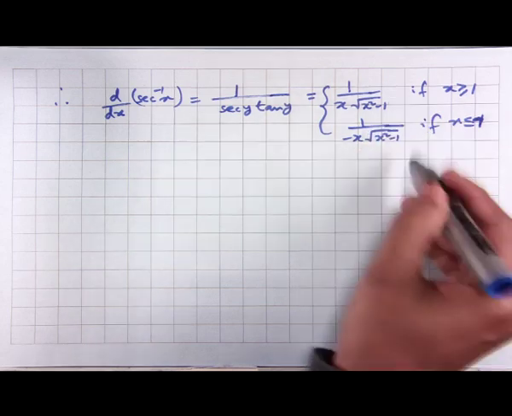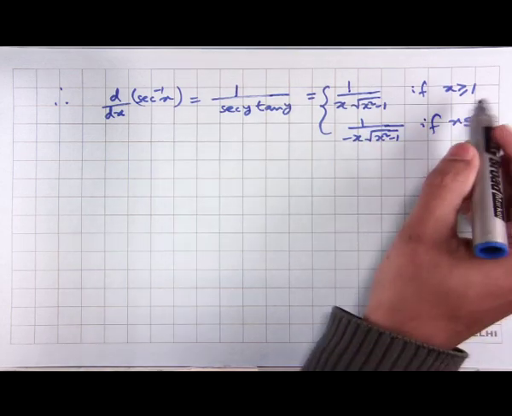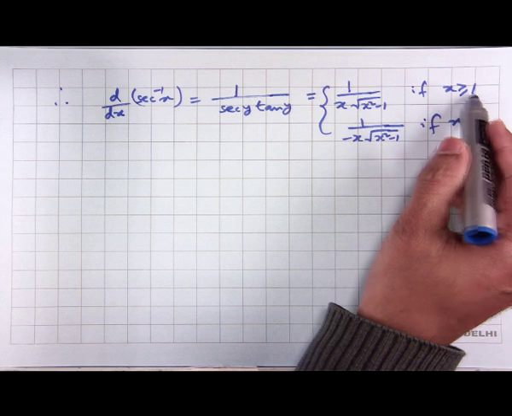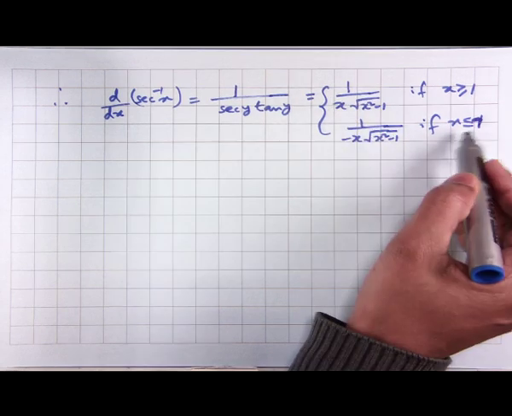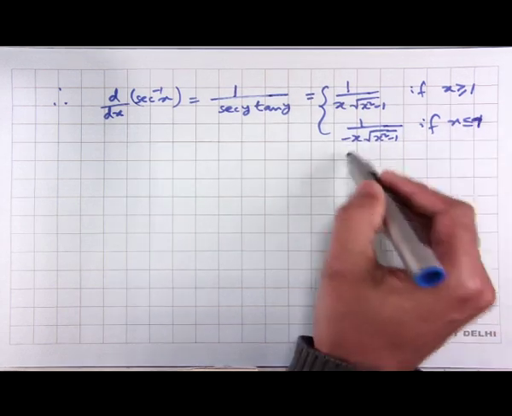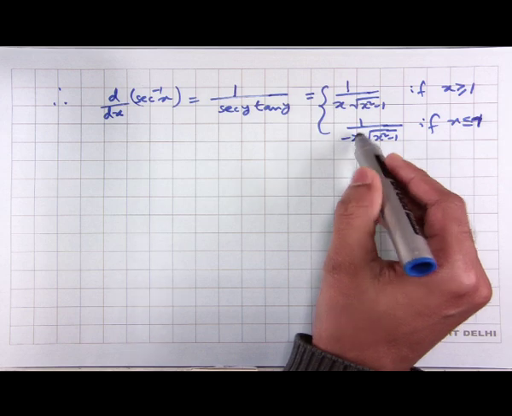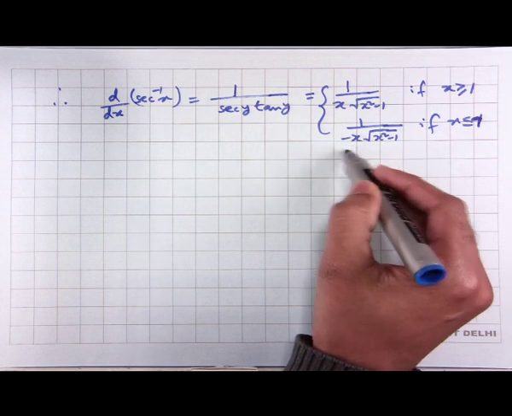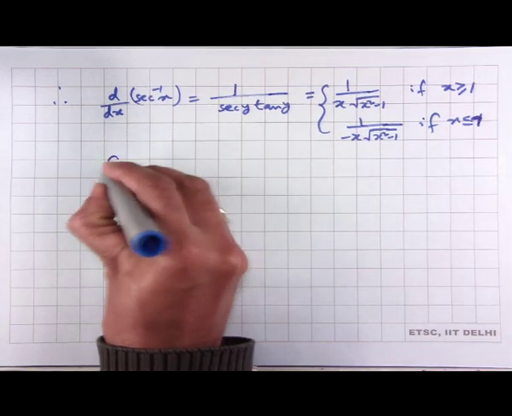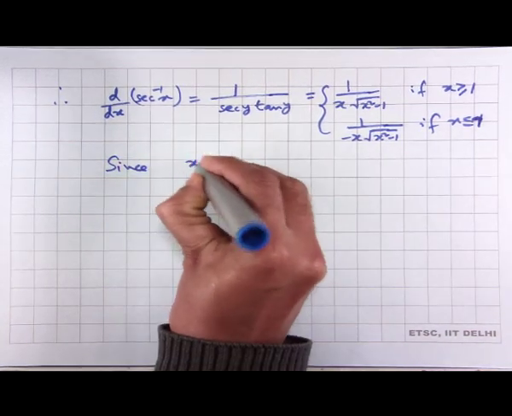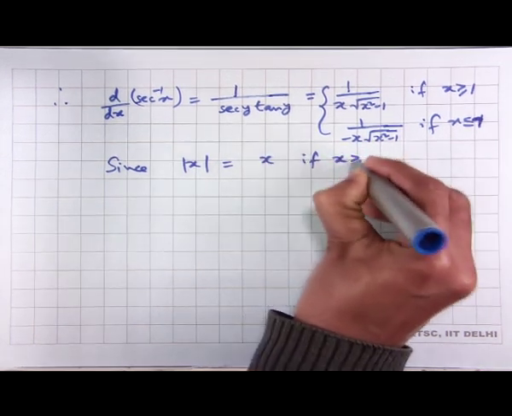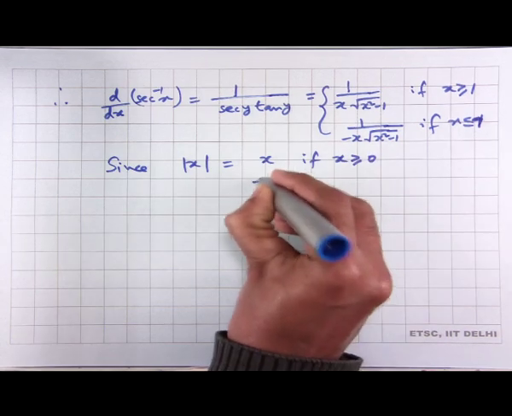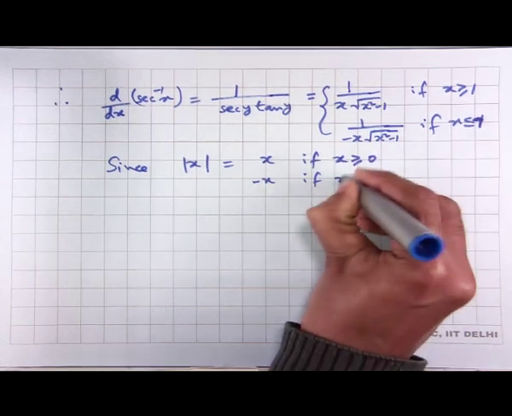So, we can combine this and see that if x is greater than or equal to 1, then we have positive sign x, and for x less than or equal to minus 1, minus x is again positive. Minus x is equal to mod x, since mod x is equal to x if x is greater than or equal to 0 and minus x if x is less than 0.